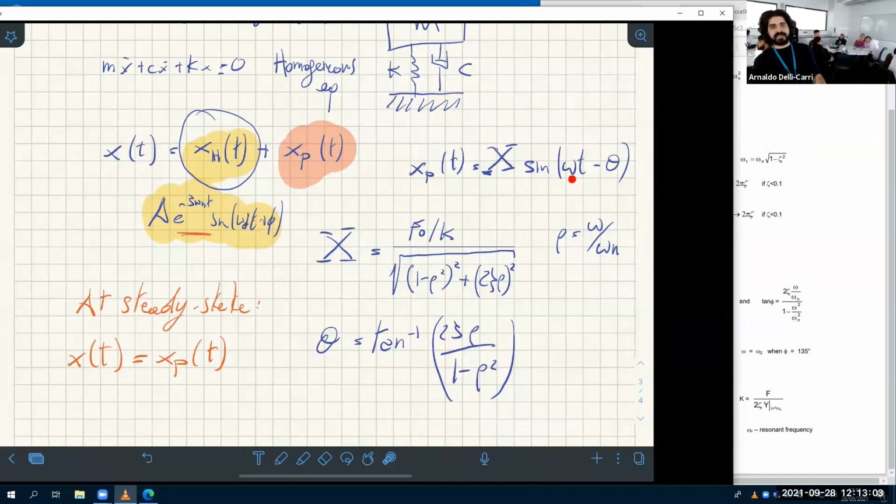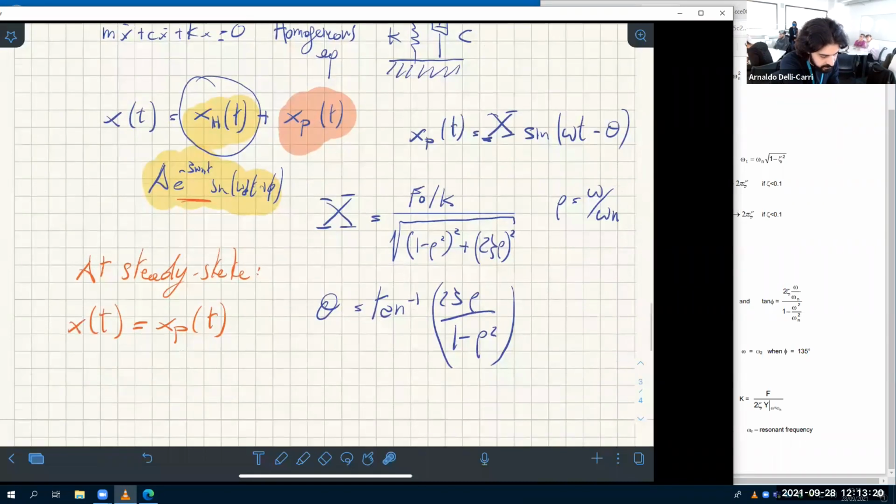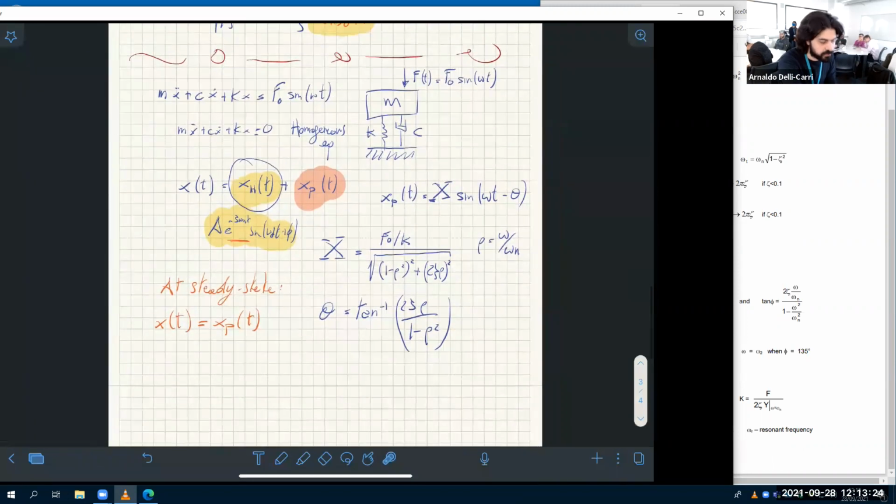See, this doesn't decay. Why doesn't this decay? Because I keep forcing it. If I force it, it never decays. I keep pumping energy into the system from the external environment. That's it, really. That's all you need to know.